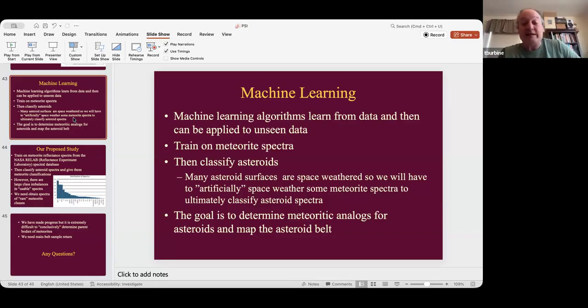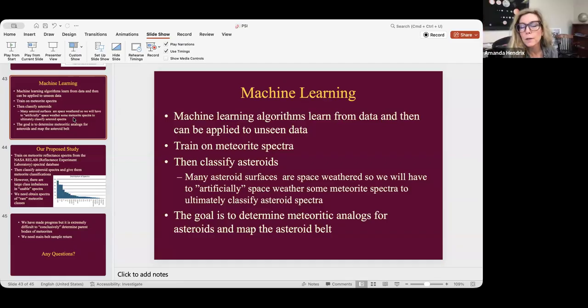We're positive we can classify the meteorite spectra, and I've had students who are in college and maybe in grad school now who've done it, but to classify the asteroids, you're going to have to spectrally alter it. You probably could do it in real life, but it's going to be a lot of work. So I think our first thing is to artificially redden the meteorite spectra and see can we physically classify the asteroid using the machine learning.